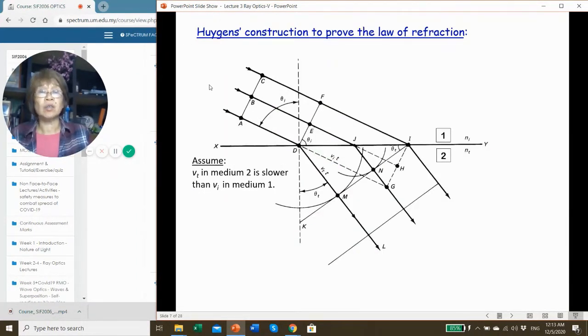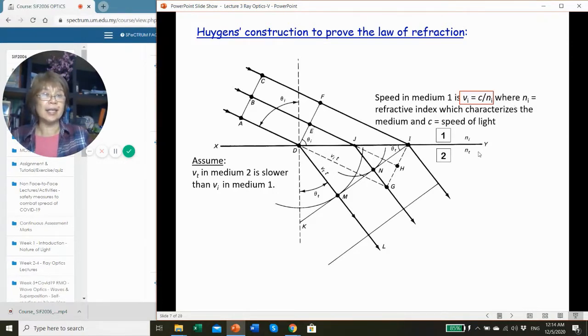Next, we look at Huygens' construction to prove the law of refraction instead. So we have the same beam of light represented by these three rays here. They are plane waves. So we have the wavefront that has reached DEF, and in this medium we have a speed equal to Vi, and that is given by the ratio of c over Ni, where c is the speed of light in vacuum.